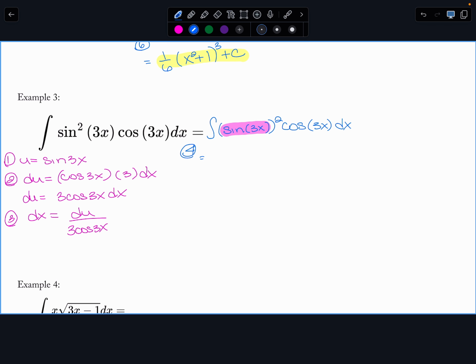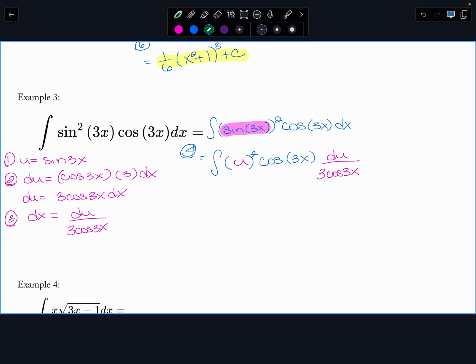And then step 4 is to do substitution. So I substitute in my u and my dx.